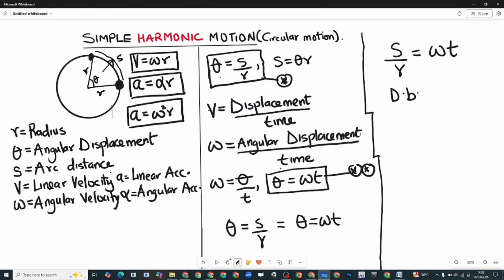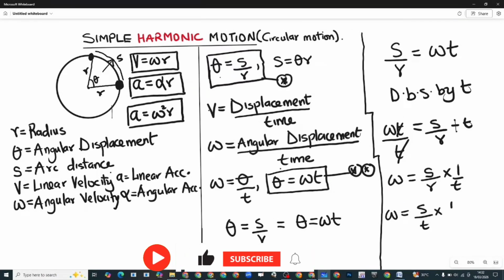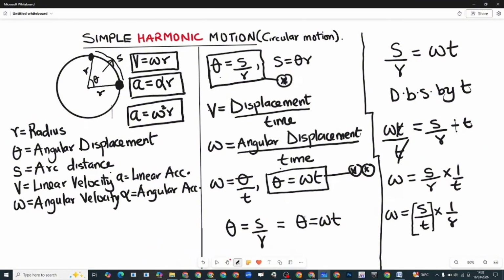Let's divide both sides by t, so t cancels t. My angular velocity is going to be s over r times 1 over t. By inverse, I can rewrite this as s over t times 1 over r, where s over t is known as the linear velocity because s is our arc distance.